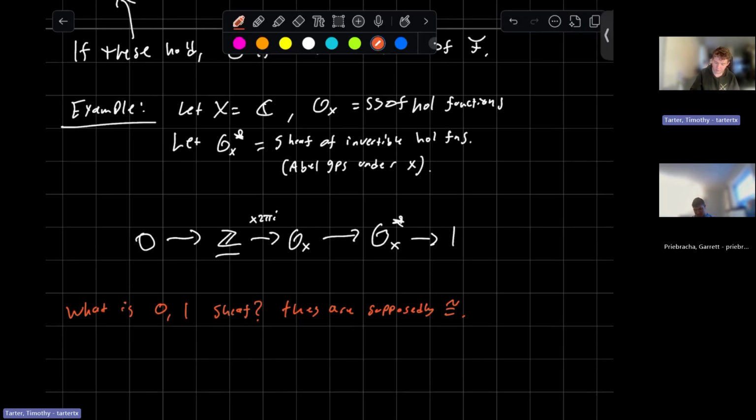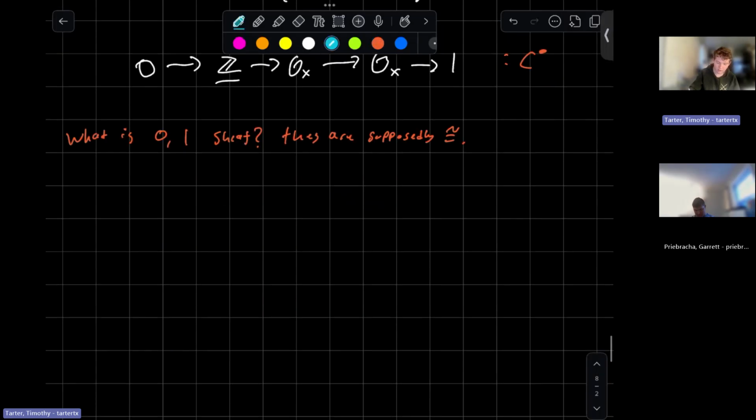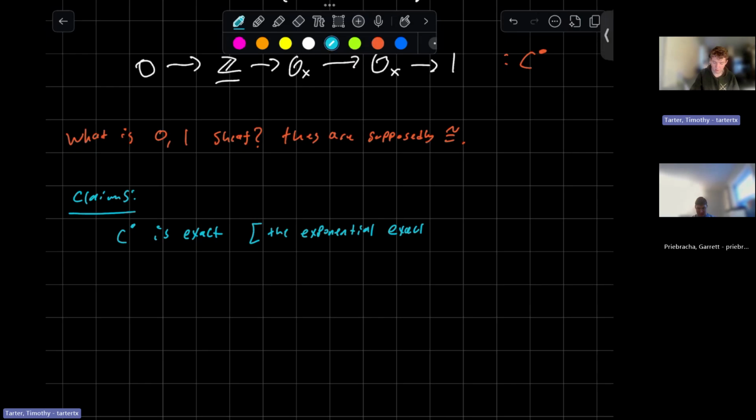I'm going to call this C dot. So the claim is C dot is exact, called the exponential exact sequence.